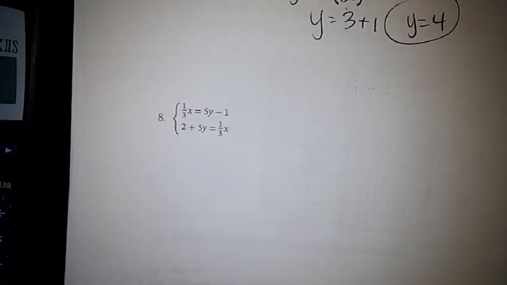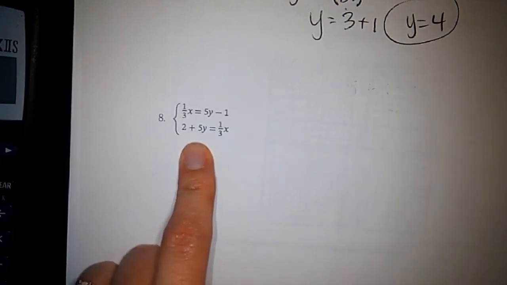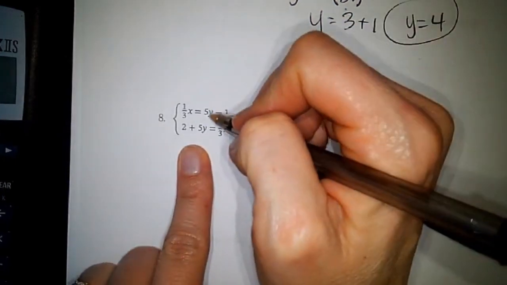No solution. Why? Because the variables are the same, but the constants are not. Right, because you're doing 5y minus 1, it does not equal 5y plus 2. Okay, so Joel said that 5y minus 1 does not equal 5y plus 2, and these are exactly the same.